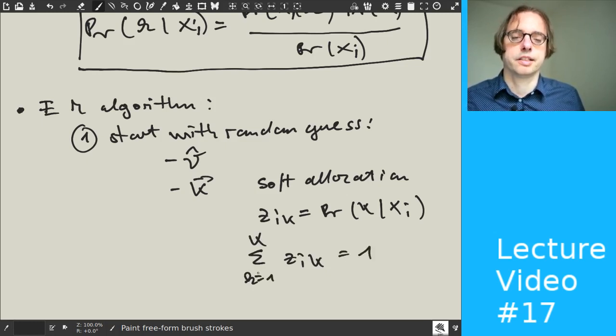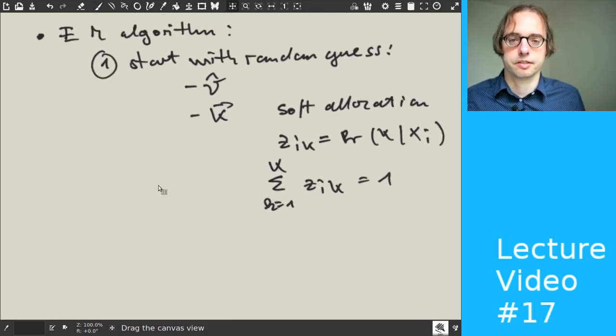So we just don't say that it's class 3, but we get a probability for class 3, and we also get a probability for class 2 and 1 and K. And if there is unique or very strong evidence, then of course the zik will be 0, 0, 1, 0, 0, where 1 is for the class that is assigned to the sample.